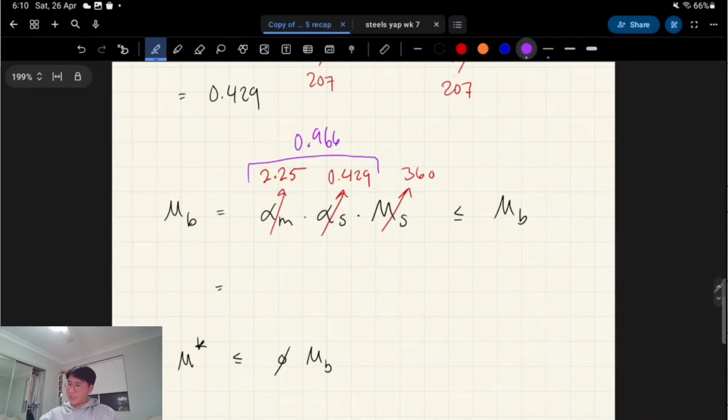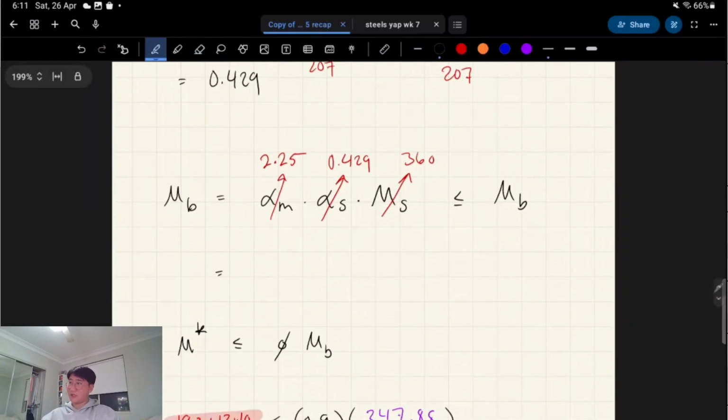If you get a value that's like 1.5, you essentially have to set it back down. So this would be back down to 1.0, right? Because you can't go over that limit of Ms according to this formula, right? That gives us 347.88 kilonewton meters.